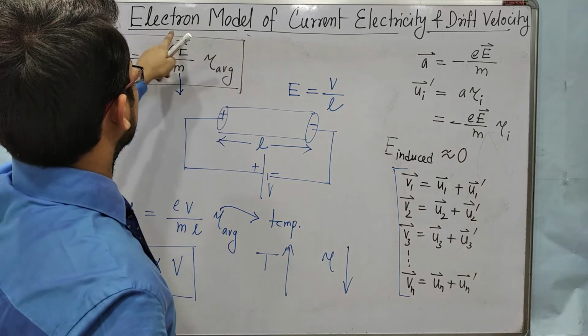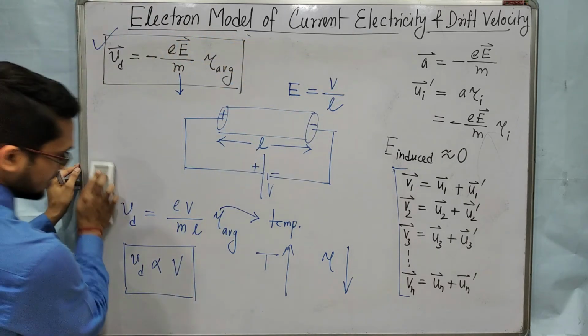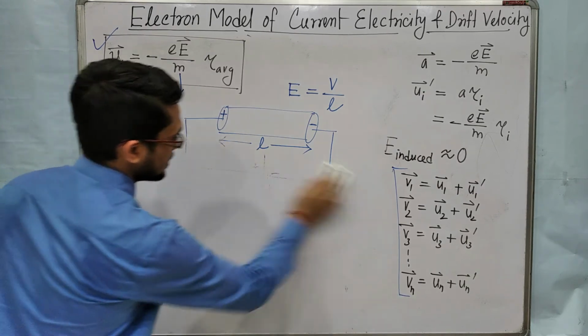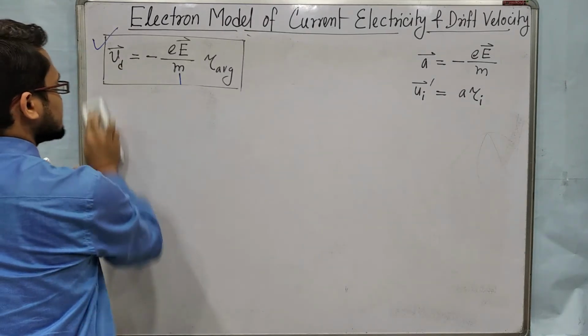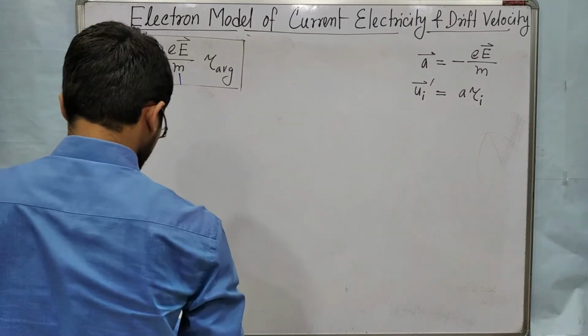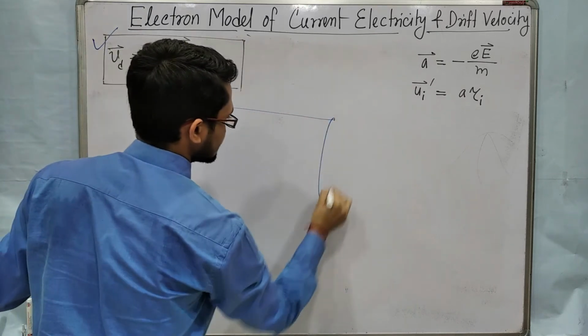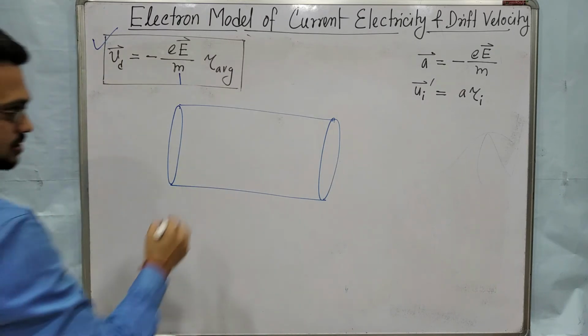Now come to the relation between the current and drift velocity. Here we are discussing the electron model of current electricity. So at the end we will derive the current in terms of drift velocity. Now I am drawing another conductor, a cylindrical conductor, and taking one cross sectional area.